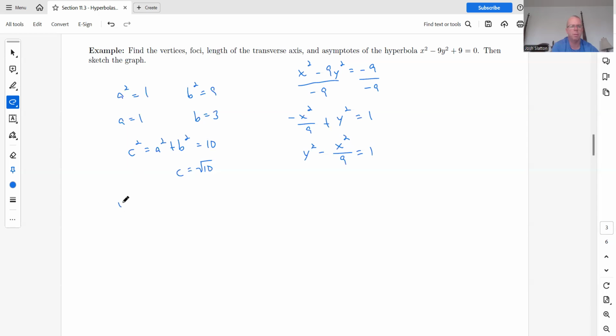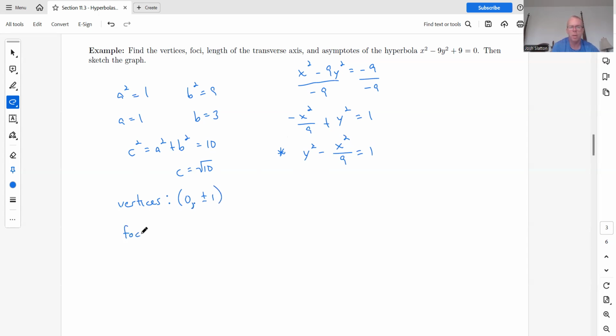So the vertices are always going to be plus or minus a. And since this is opening vertically, let's put a star by this, that's the equation we're working with. So we're opening vertically, so the vertices will be on the y-axis. So we have 0, plus or minus 1.